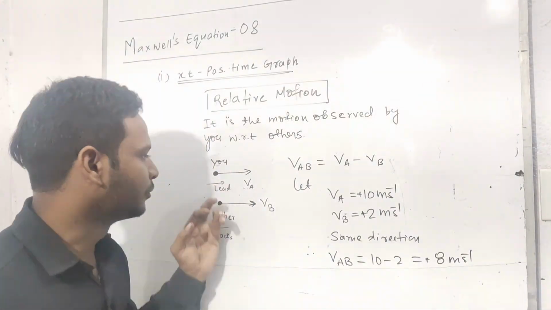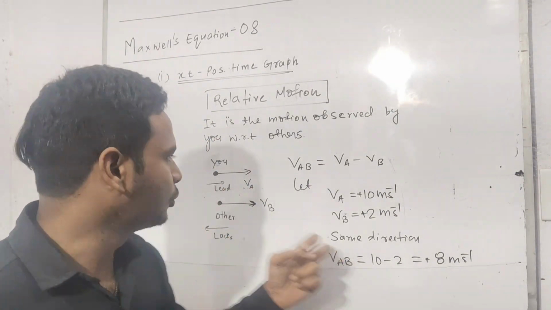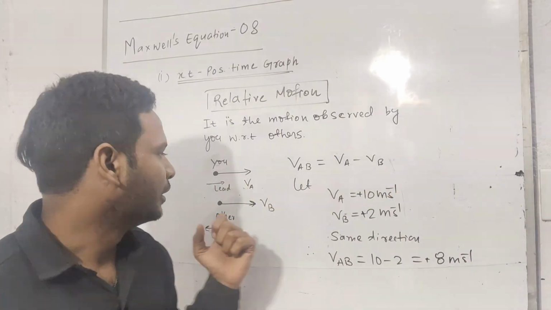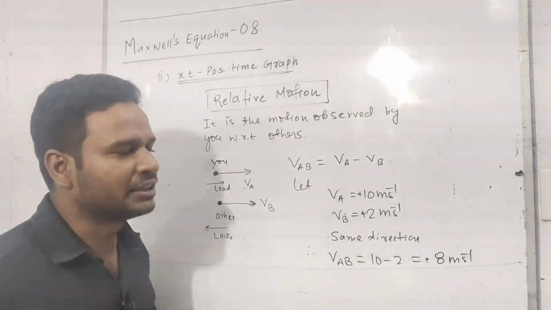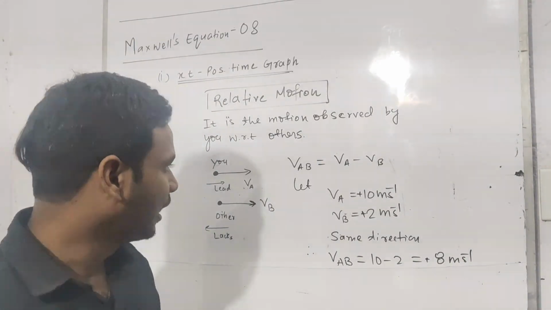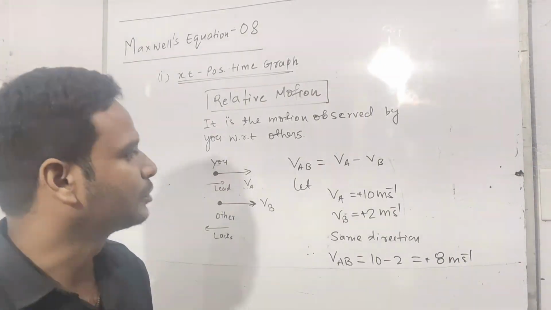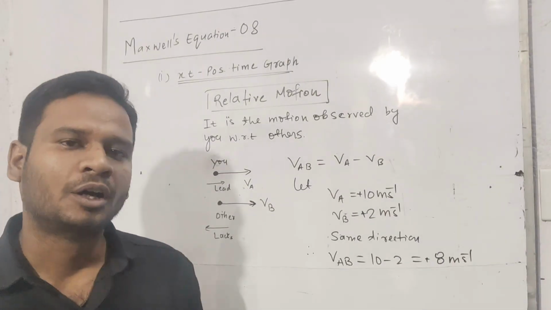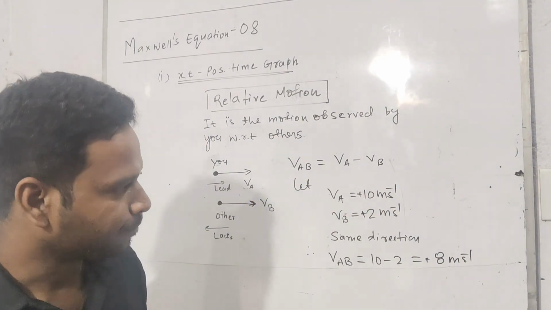The positive sign denotes that you are leading the object B. So the relative velocity tells you your velocity with respect to other bodies, and it is a very important topic. You cannot solve some of the problems even in NCERT without this understanding.